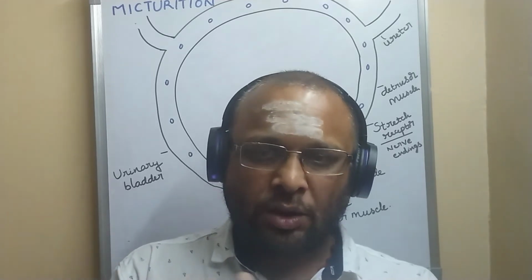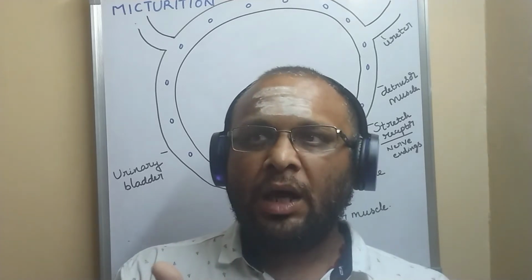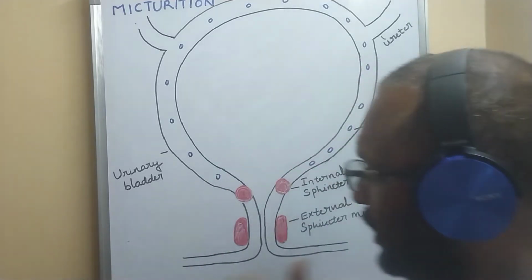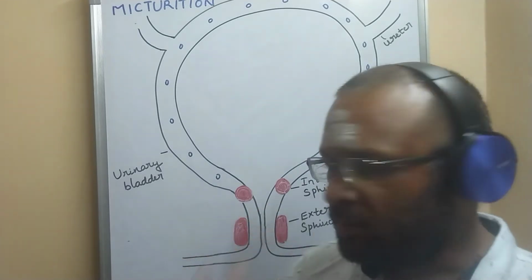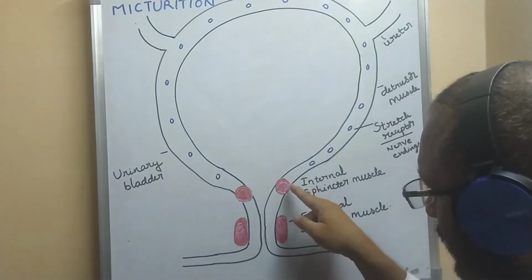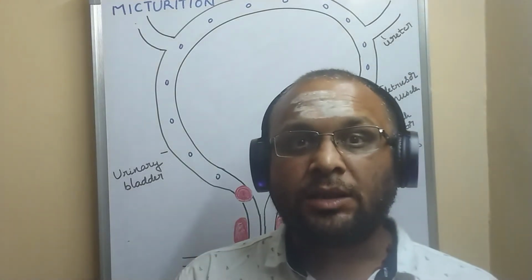If the doors are closed, there is no further passage. So for the urine to pass or not to pass, the internal sphincter muscle and external sphincter muscle work as doors.